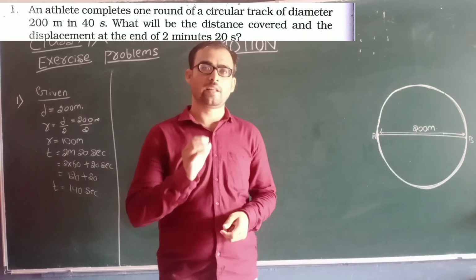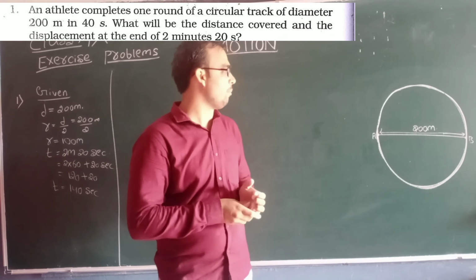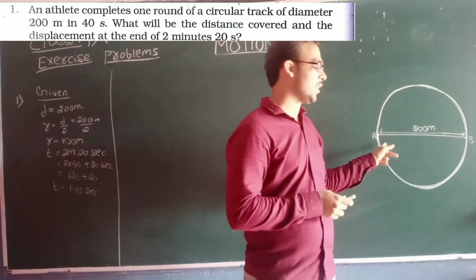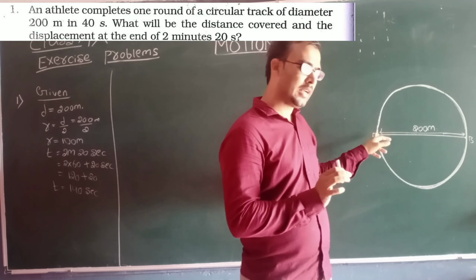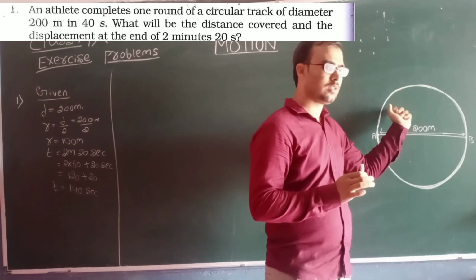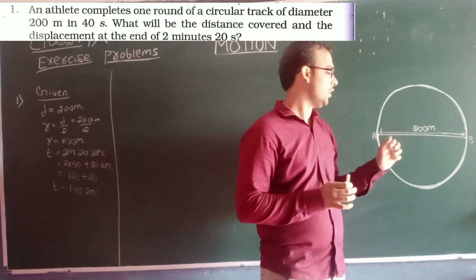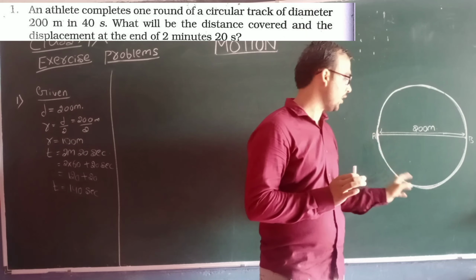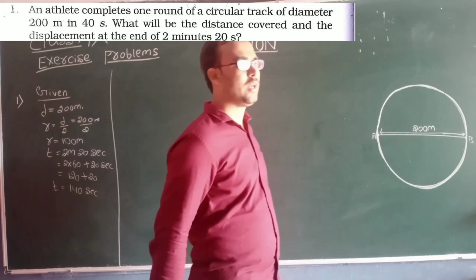They have given that the athlete takes 40 seconds to go around the circular track.